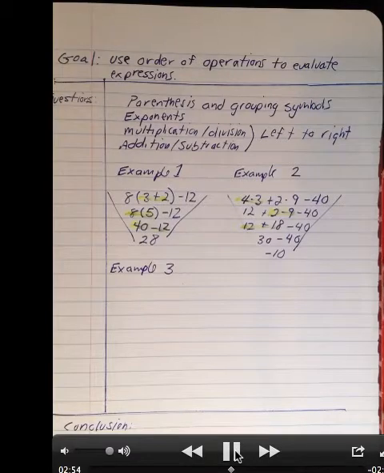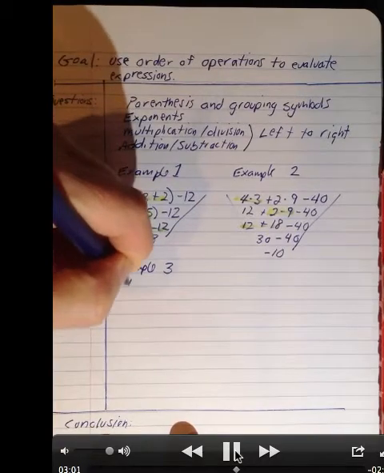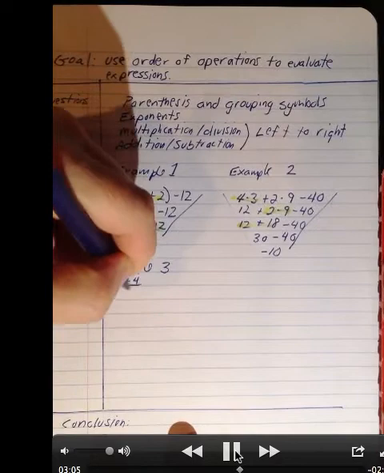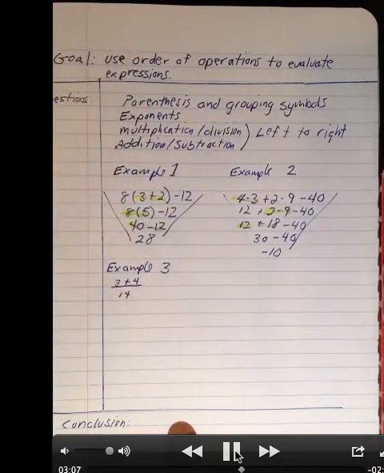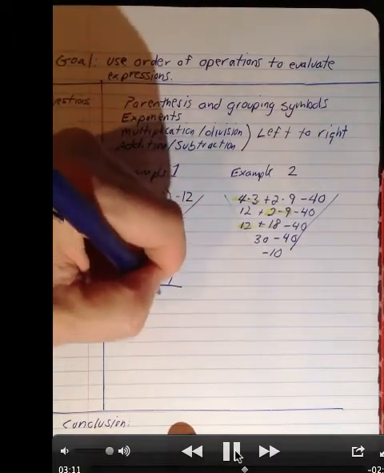Example 3, we'll start to use more of the operations. We have 3 plus 4, and this is actually a grouping symbol, that division underneath the 3 plus 4.